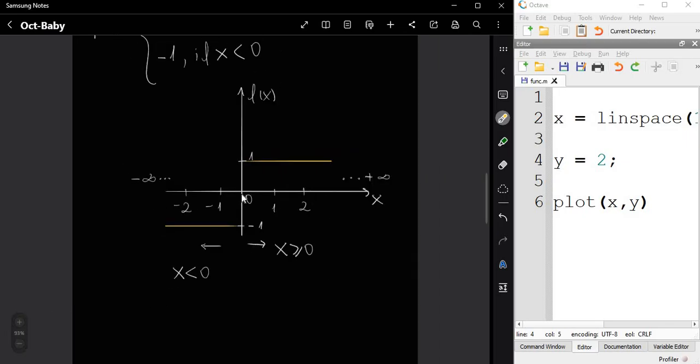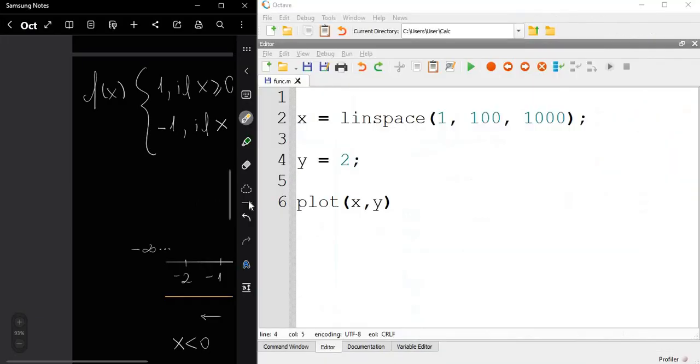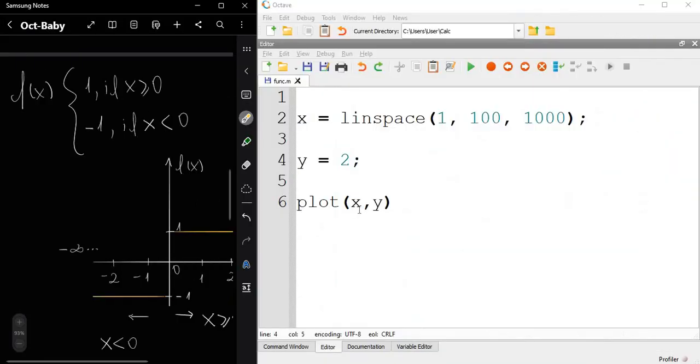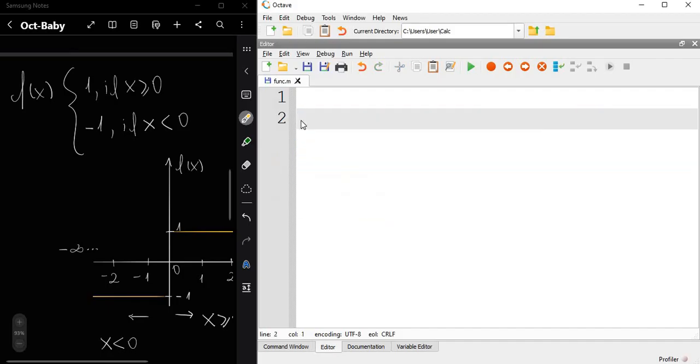So let's see how we can build the algorithm for this function in Octave. So let's build a function and name it y. So y is equal f of x.